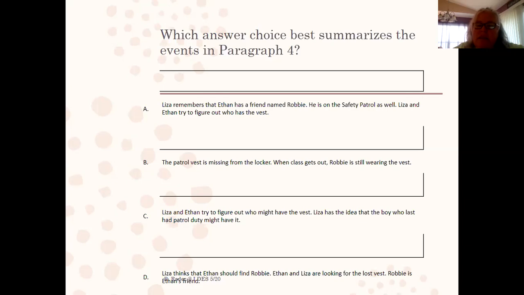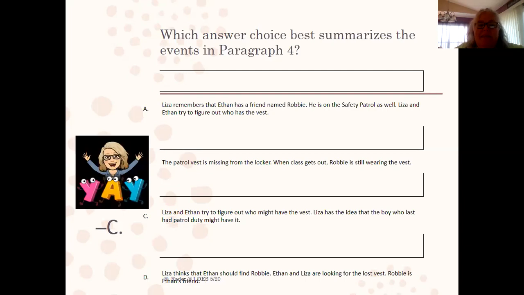C, Lisa and Ethan try to figure out who might have the vest. Lisa has the idea that the boy who last had patrol duty might have it. And then D, Lisa thinks that Ethan should find Robbie. Ethan and Lisa are looking for the lost vest. Robbie is Ethan's friend. Now, from all those choices, what is the best one that we already wrote the summary on? Do you know? C, that is correct.